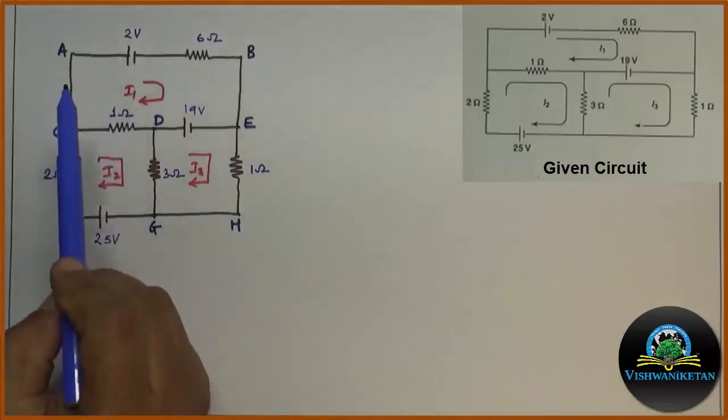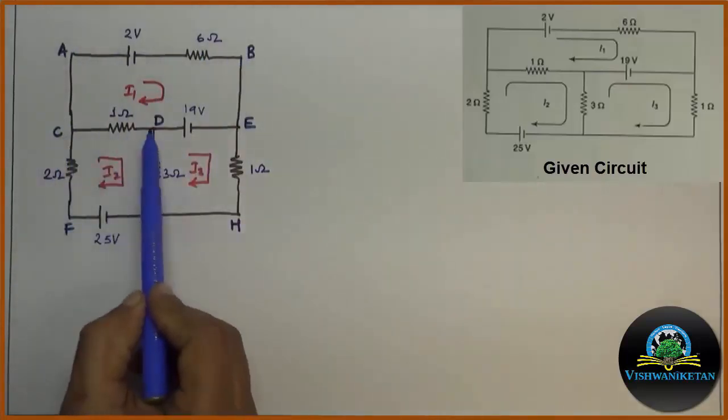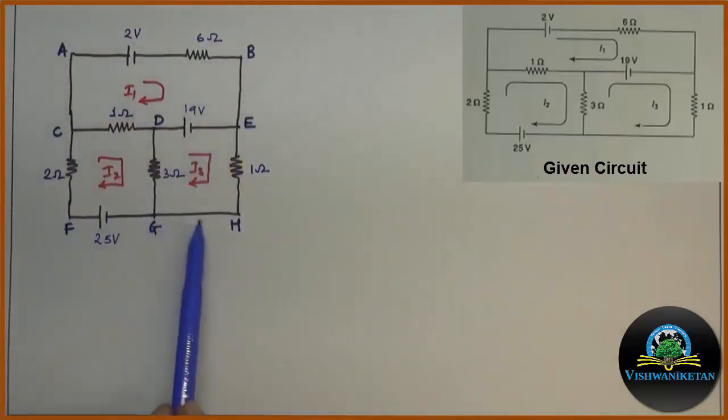So in the problem, I have marked nodes A, B, C, D, E, F, G and H.